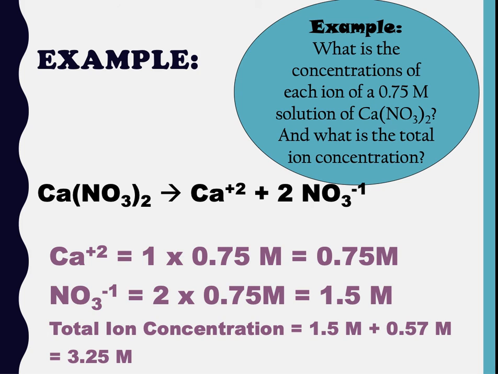But then the total concentration, as you can see, I'm just adding them together, and my math is wrong here. I wrote 5.7 as opposed to 7.5. So it's just 1.5 plus, let me fix that, 0.75, and I get a total concentration of 3.25.